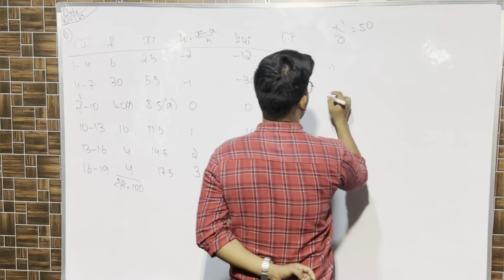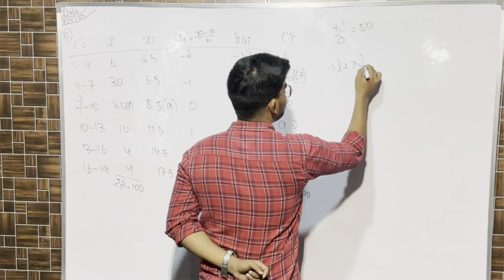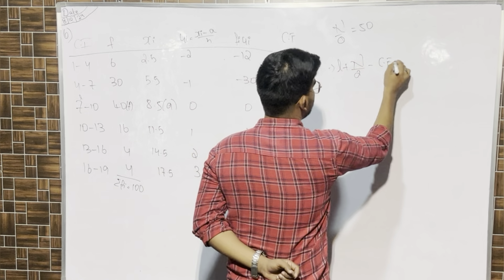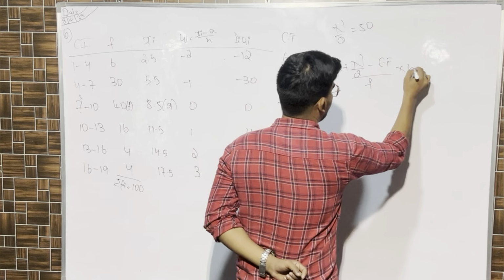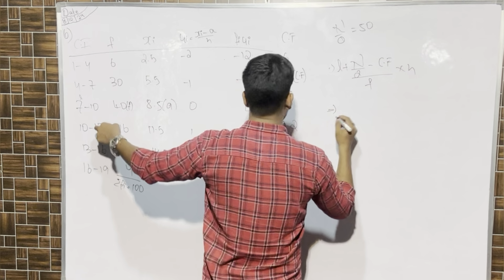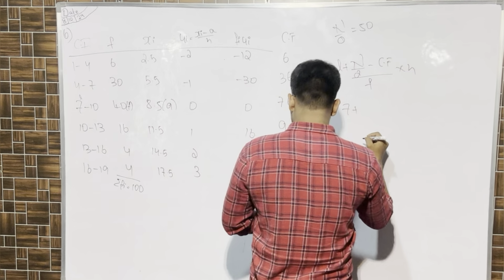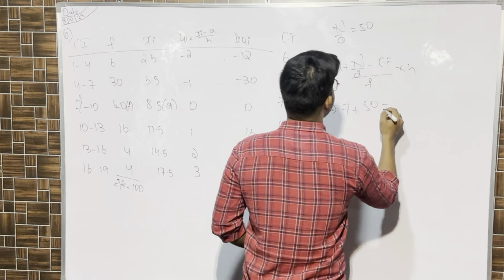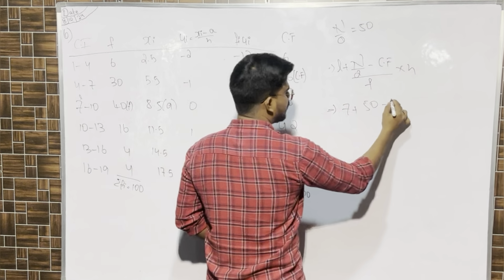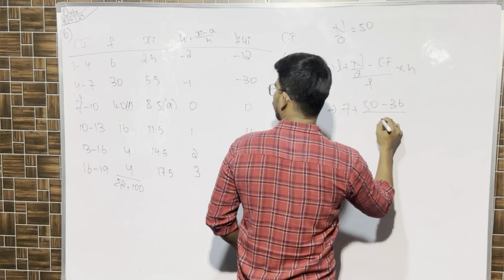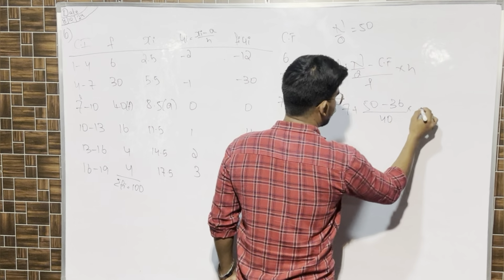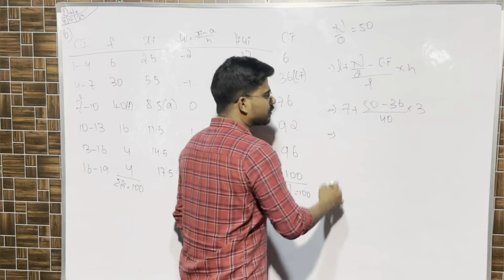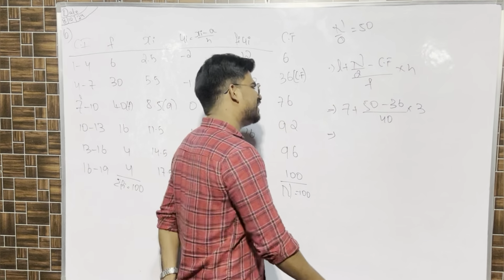Directly I am substituting. What is the formula for median? L plus n by 2 minus CF by F into H. What is the value of L? 7 plus n by 2, 50, minus CF, 36, by F, 40, into H, 3. That was there in the previous case. That sum is completed.